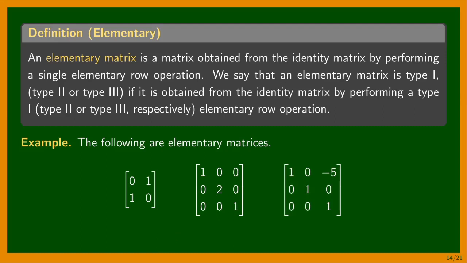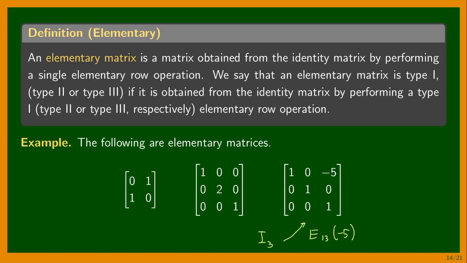Last but not the least, this is also an elementary matrix. This was obtained from the identity 3 by 3 matrix by doing the following operation. This is a type 3 operation where from the identity, we replace the first row by its sum to negative 5 times the third row.